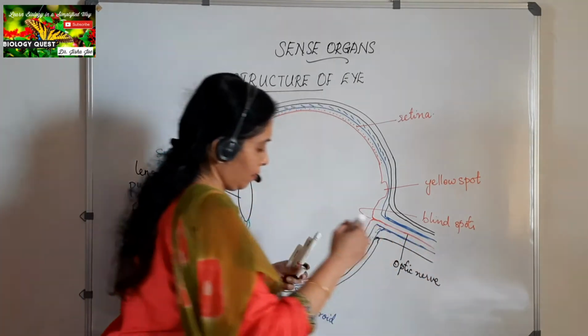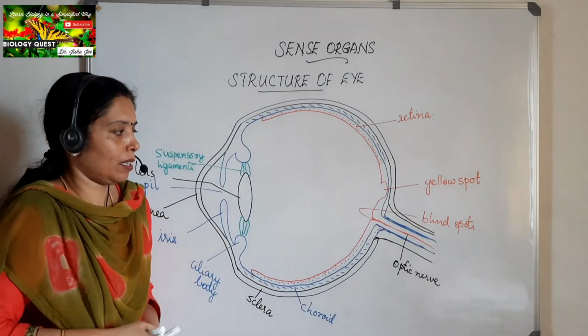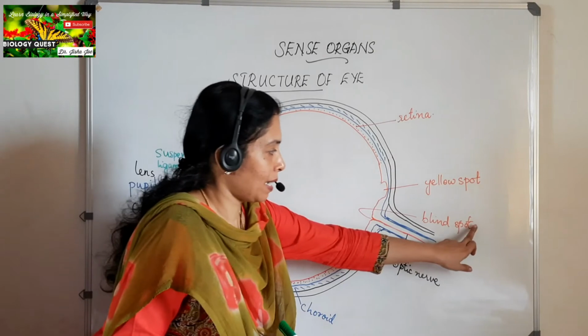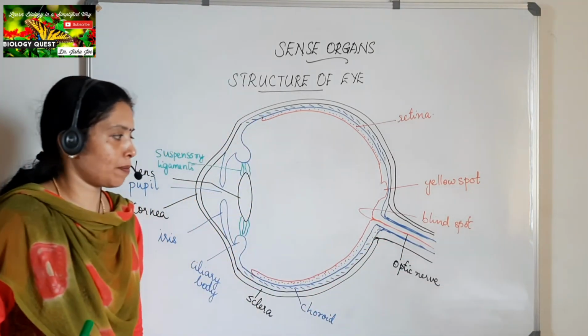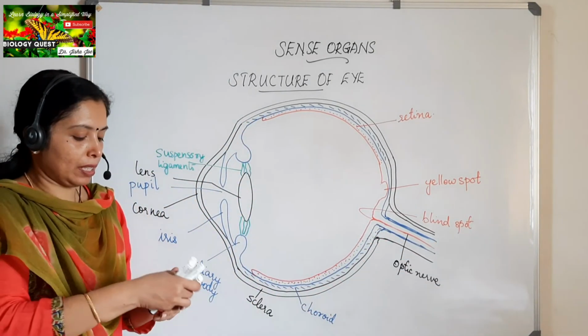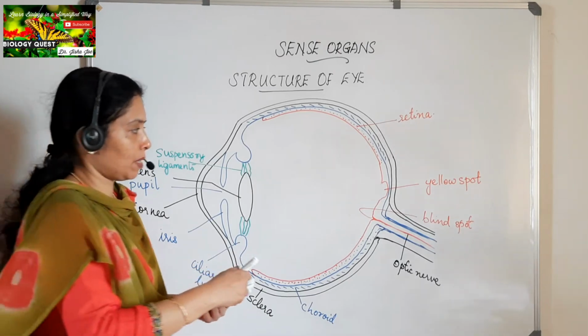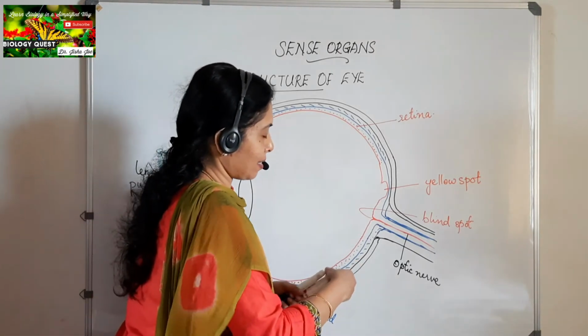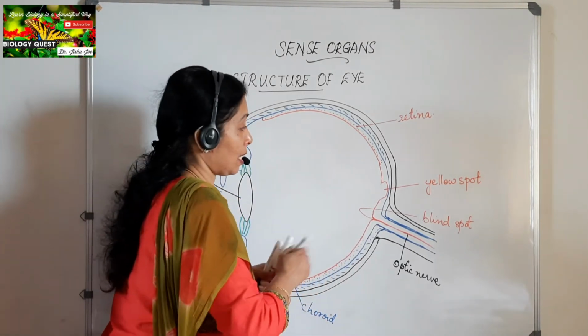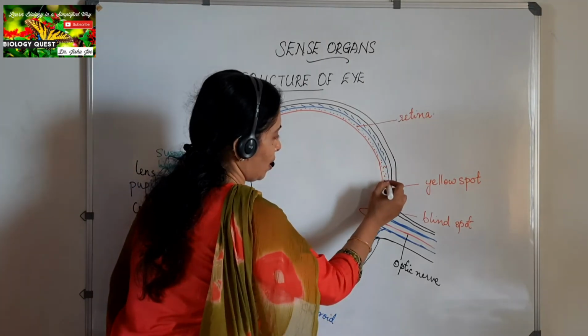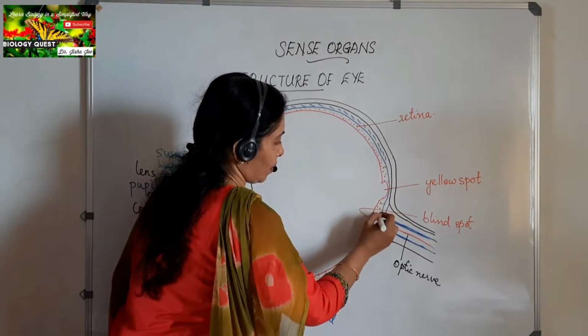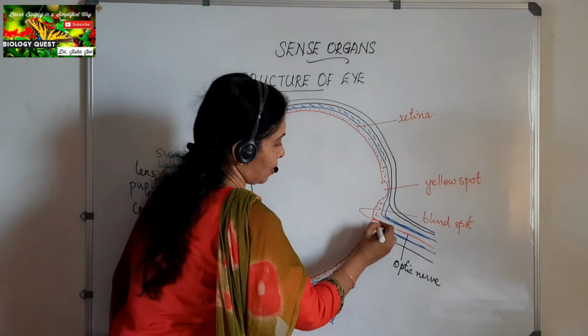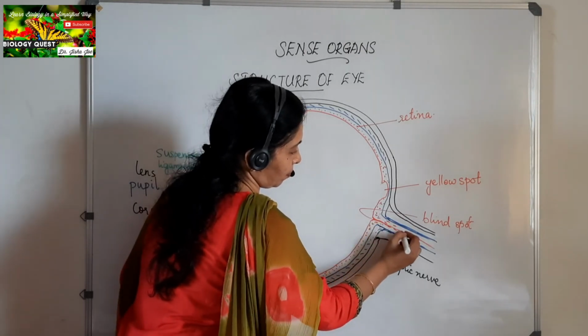The optic nerve comes out at the region of the blind spot. The blind spot is the region where all the nerve fibers from the different sensory cells converge and come out of the eye as the optic nerve.